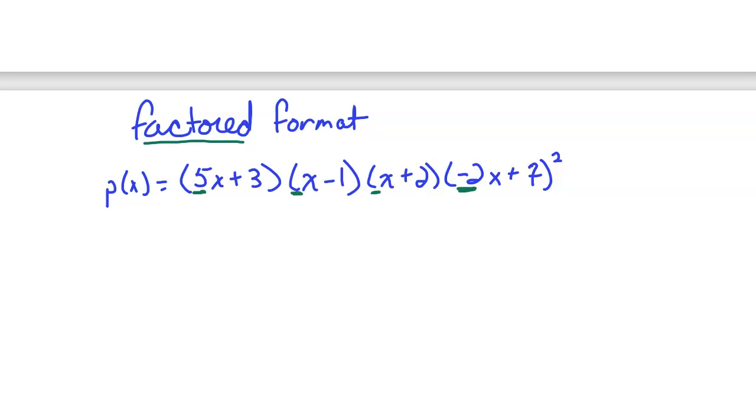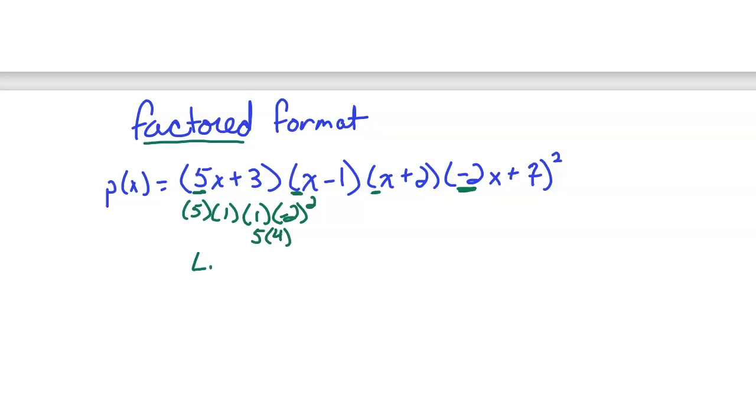So if we think about this, we have a 5 times this 1 times this 1 times this negative 2, but that negative 2 is squared. So in this case, we would have 5 times 1, which is 5, times 1, which is 5, times negative 2 squared, which is 4.